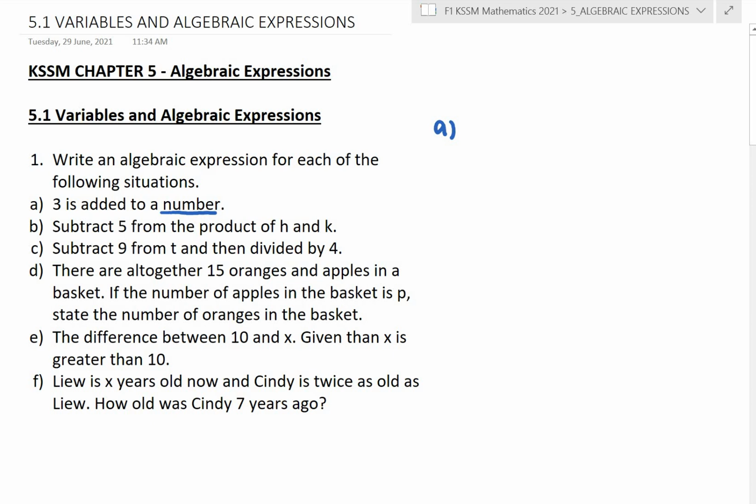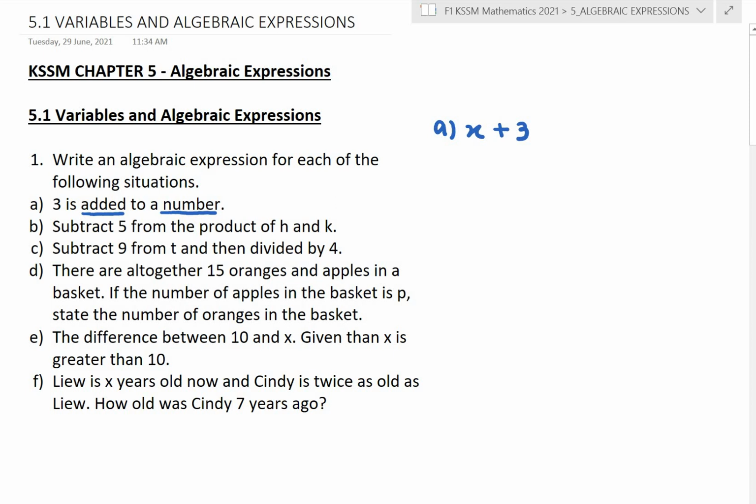Added means tambah. So 3 is added to a number means that the number just now is x, added with 3, so it will become x plus 3. So the answer for A is x plus 3.